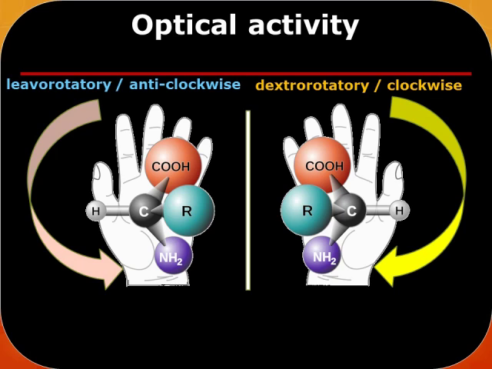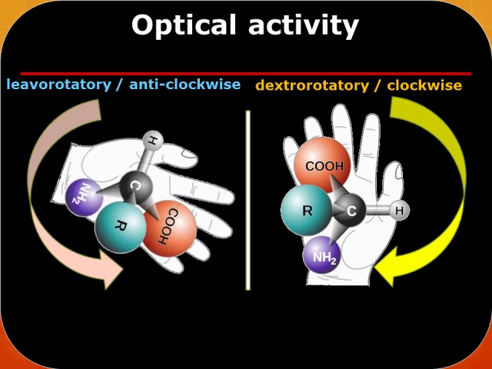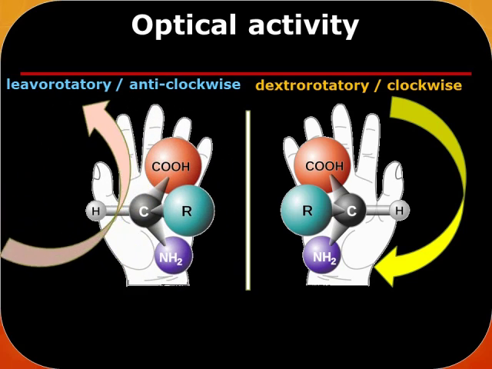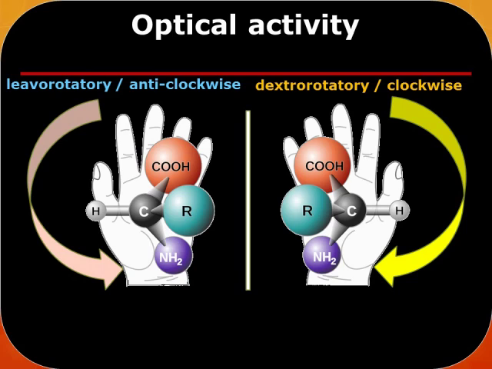The other enantiomer is levorotatory, which in a simple way we can call the L enantiomer, and it rotates the plane of polarization of plane polarized light anti-clockwise. Right, children?